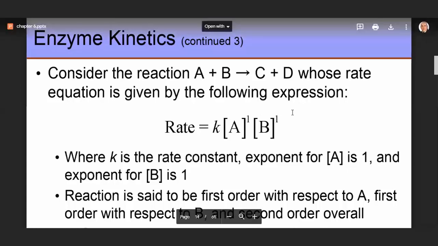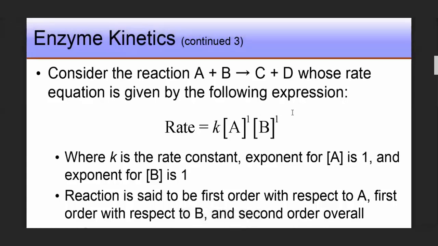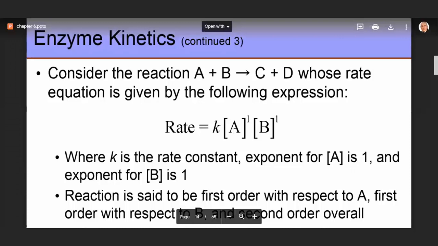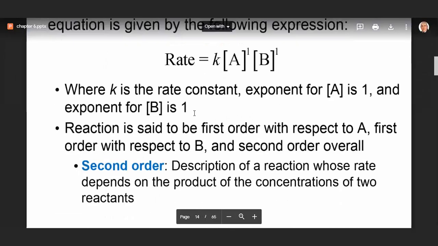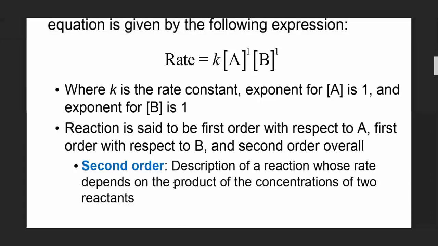Again, these exponents are not shown really, but here for you to understand that this reaction is first order with respect to A, first order with respect to B, and if we add them together, 1 plus 1, then it is second order overall. And K again is the rate constant. So again, second order describes a reaction whose rate depends on the product of the concentrations of two reactants.